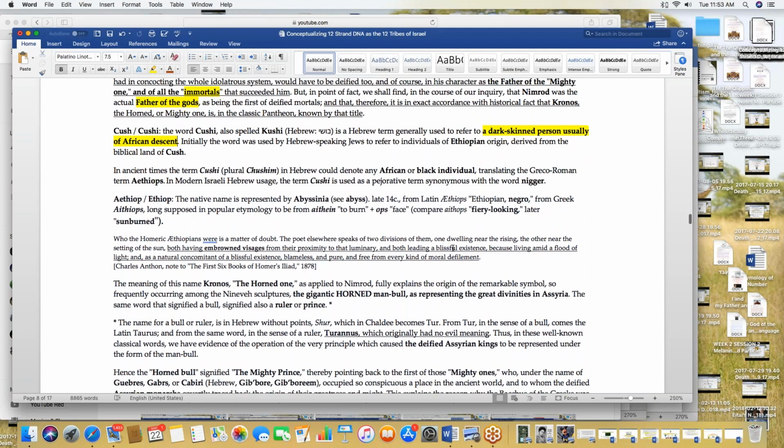In ancient times, the term Kushi, plural Kushim in Hebrew, could denote any African or black individual, any melanated individual, translating the Greco-Roman Ethiops, where we get the word Ethiopian. It means black face or burnt face. In modern Israeli Hebrew usage, the term Kushi is used as a pejorative term synonymous with the n-word.